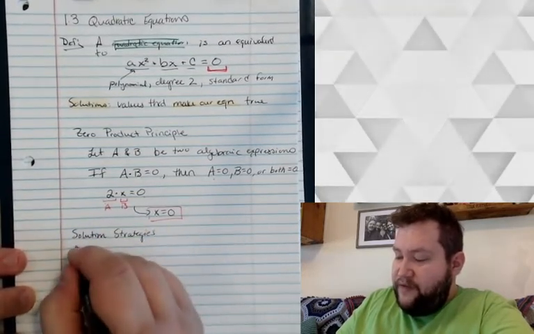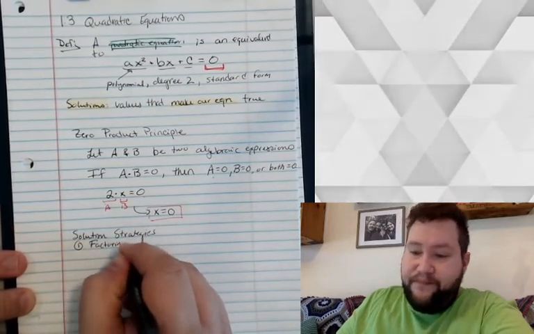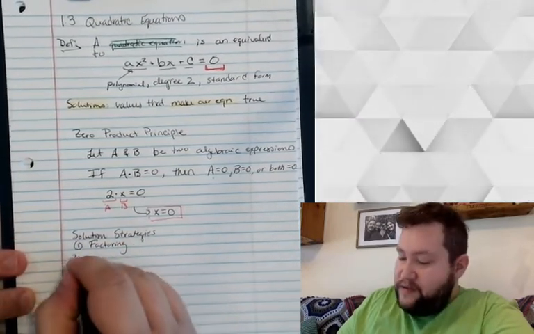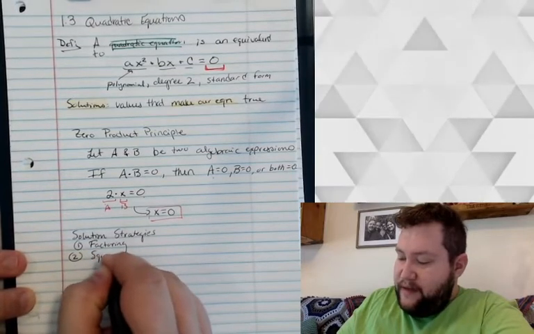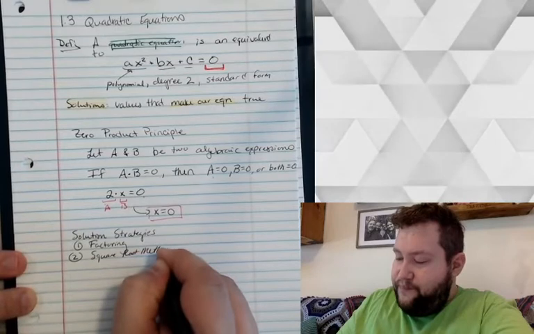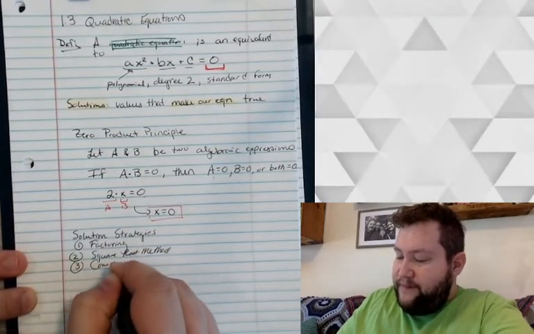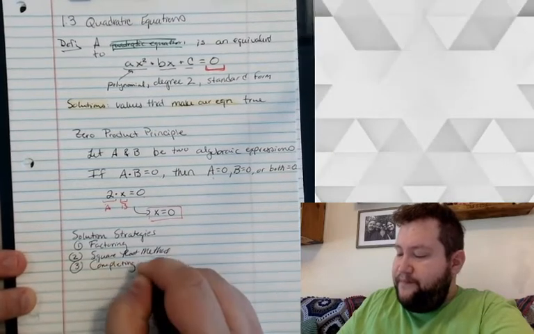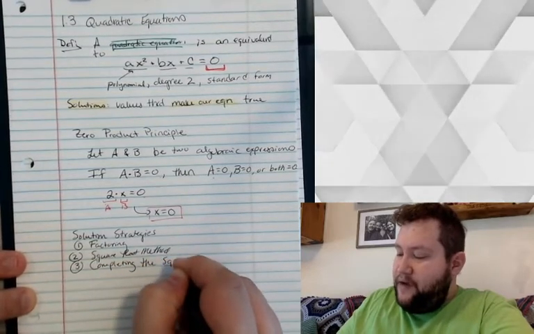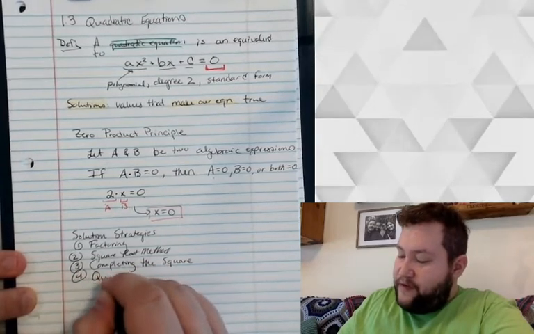Our first solution strategy is factoring. Our second solution strategy is called the square root method. Our third is called completing the square. And our fourth is the quadratic formula.